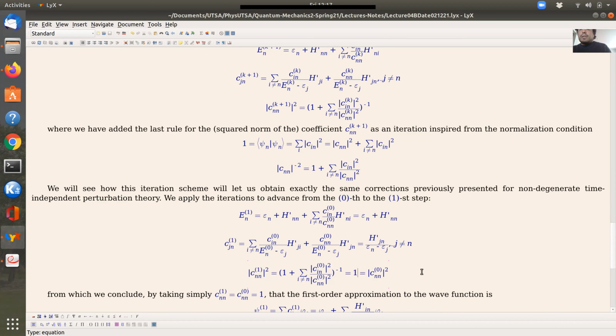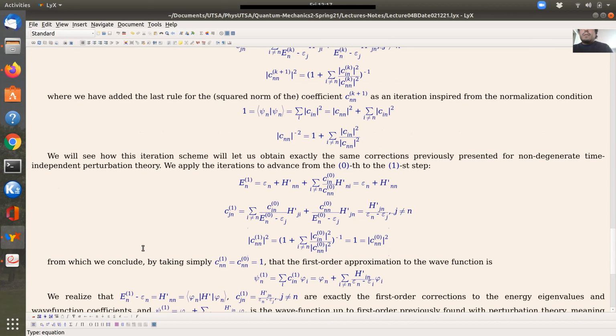And this was actually the value of C_nn^0 squared, if you remember, by assumption, because it was this Kronecker delta, in the case i equal to n. So the simplest case in this assumption is that it simply takes C_nn^1 as C_nn^0, which was 1. So this was a condition from the norms. I guess this is defining things up to a phase, but it makes sense because this is the only term surviving, so you just take the same value.